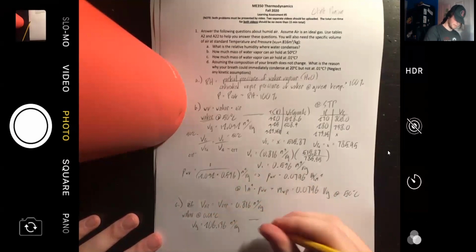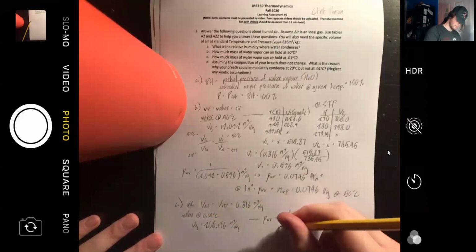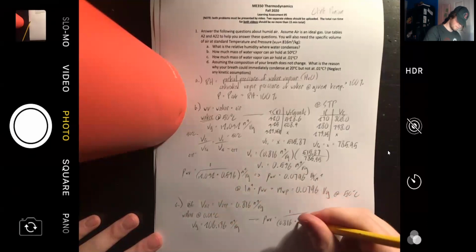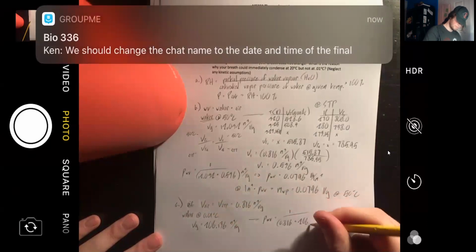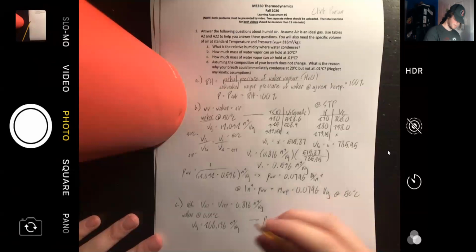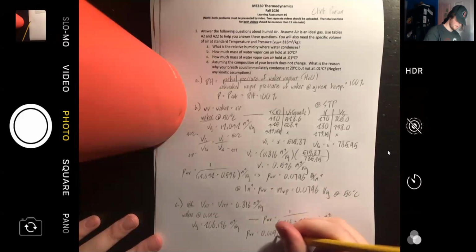Do the same as we did before to solve for the density of water vapor. So the density of water vapor will be equal to 0.0048 kilograms per meter cubed.